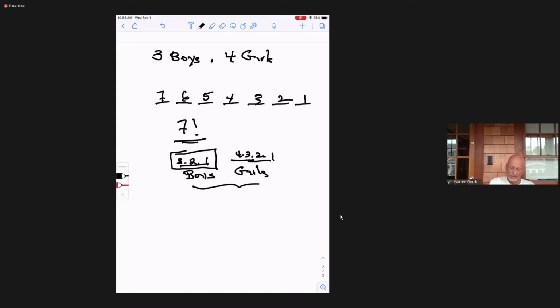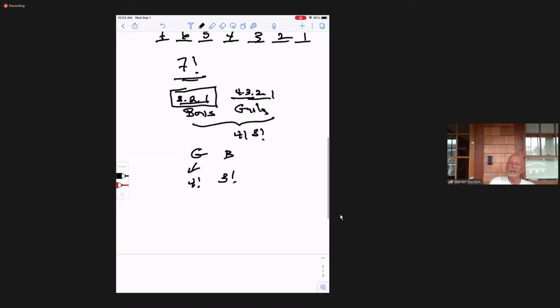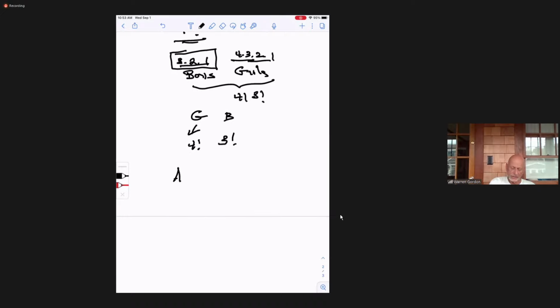So if I did this, it would be 4 factorial times 3 factorial. That's going boys and girls. Couldn't I just as well go girls and boys? This would again be 4 factorial. This would then be 3 factorial. So I have 2 alternative ways of positioning boys and girls so the boys are together and the girls are together. So my answer would be 2 times 4 factorial times 3 factorial, and that's easy enough to work out if you want an answer.